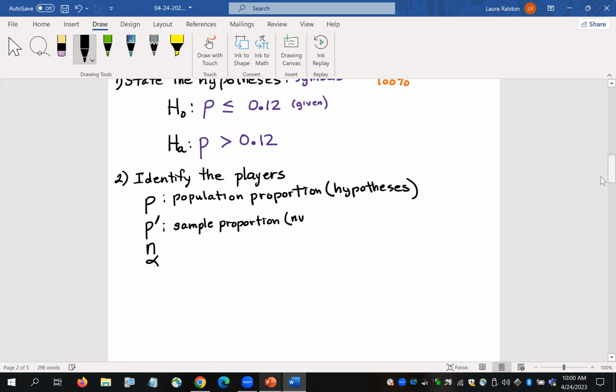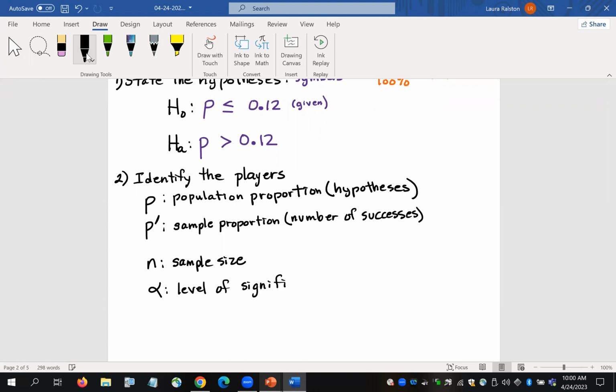Okay, it represents the number of successes. And let me make a little bit of space in case I have to do some explanation. N and alpha. N is your sample size. And alpha, of course, is your level of significance. And with the level of significance, we could, if we need to, find the confidence level.